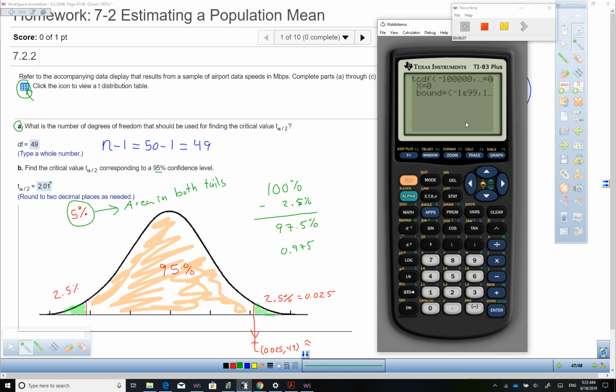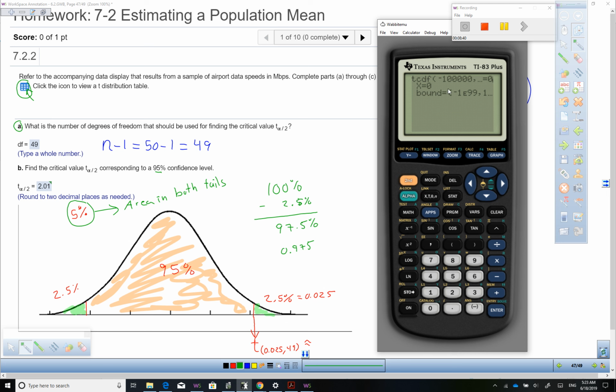It will take some time because this calculator is a little bit slower than the TI83, but you will get it. Okay, and that's our critical value, 2.0095. It says right here round to two decimal places, and that is 2.01.